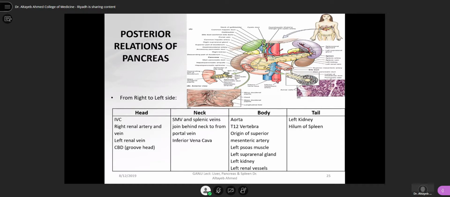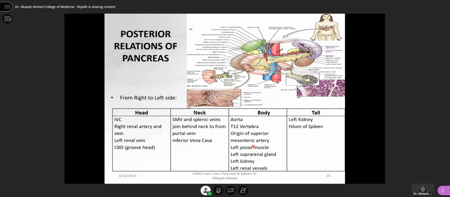The body relates to the aorta, the 12th vertebra, the origin of the superior mesenteric artery, and we have muscles, the left psoas muscle, left suprarenal, and left kidney, in addition to the left renal vessels. As you can see, all of these are considered part of the stomach bed.